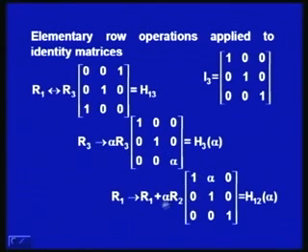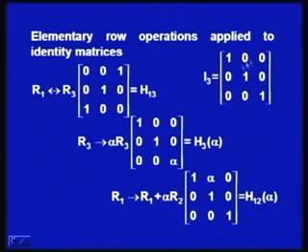Then the third type of operation may be written in the form R1 goes to R1 plus alpha times R2, meaning thereby that the second row is multiplied by alpha and added into the first row. So, if I apply this operation, then the second row will become 0 alpha 0.